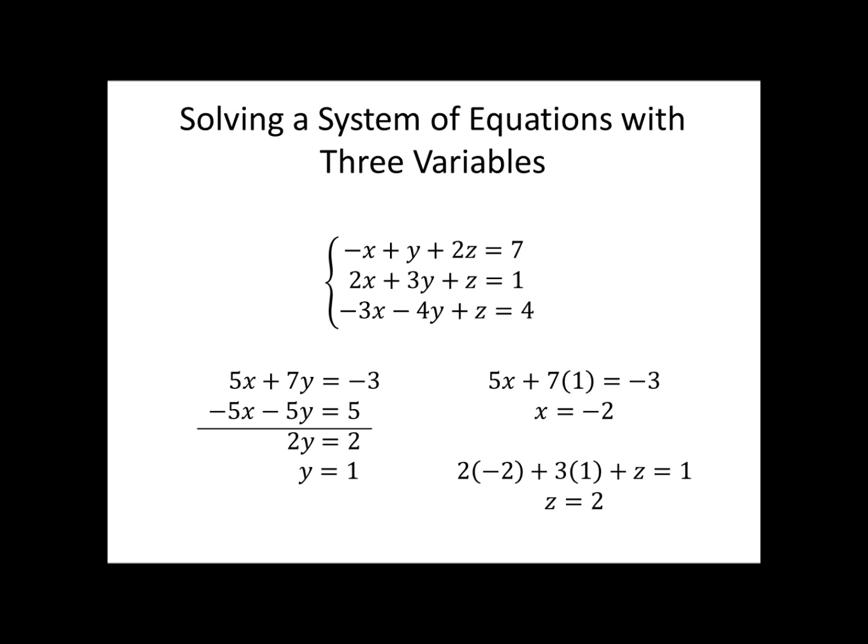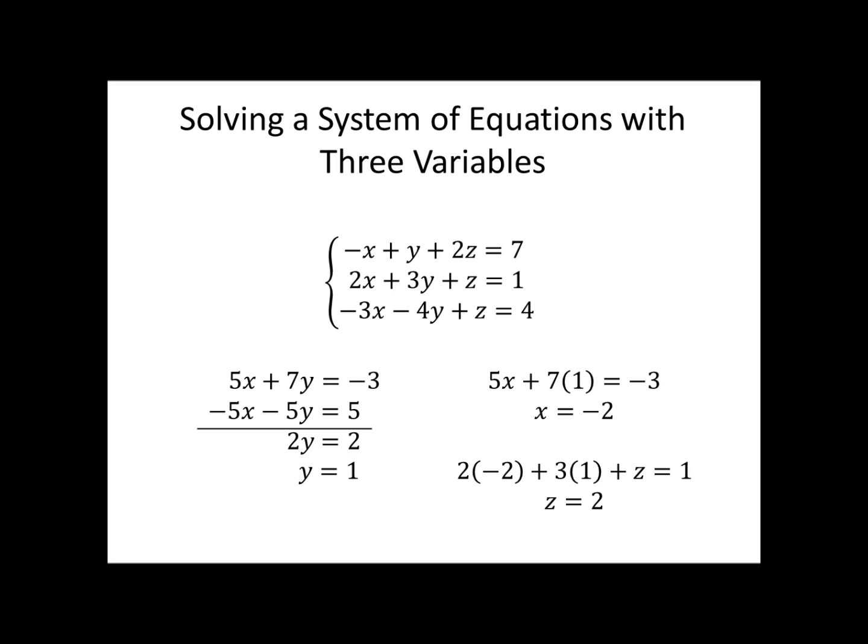So the first thing I'm going to do is substitute 1 in for y into 5x plus 7y equals negative 3. Solving that for x, I get x equals negative 2. Now I go all the way back up to one of my original equations and plug in both x and y, and I find out that z equals 2. Now it shouldn't matter which equation I plug into.